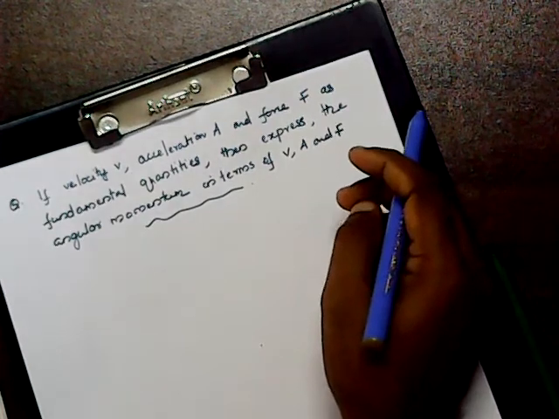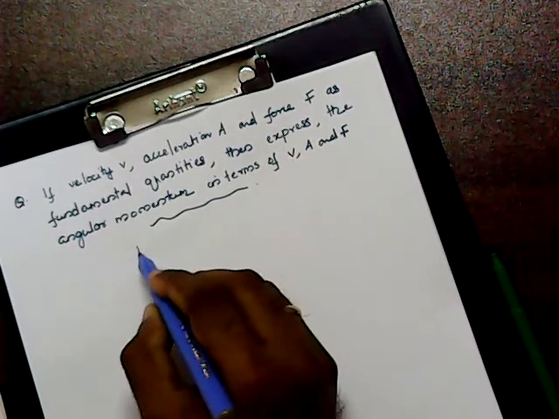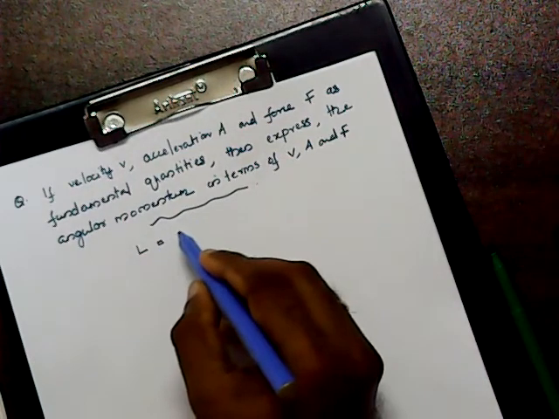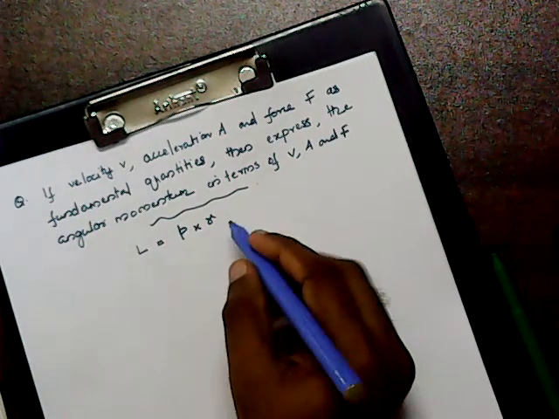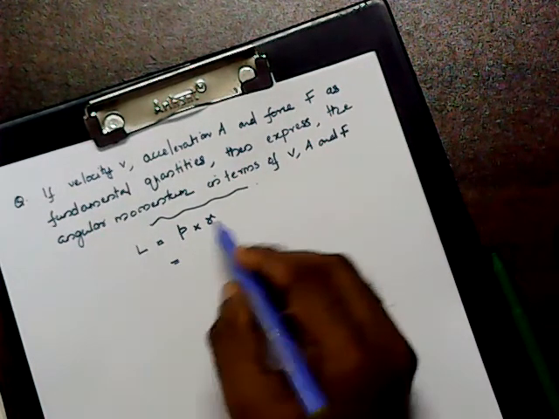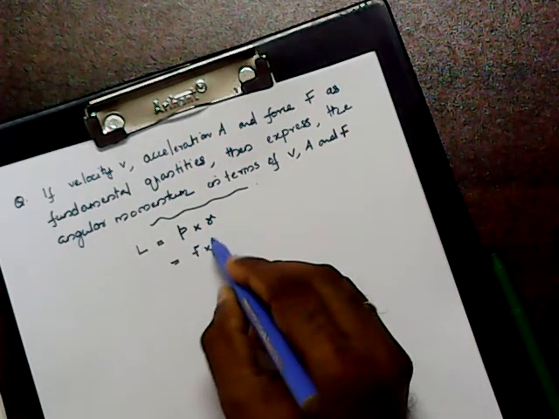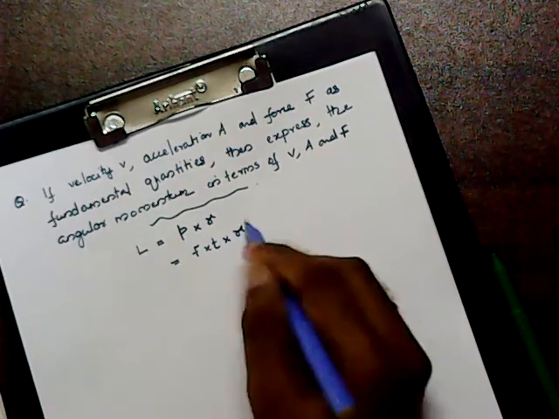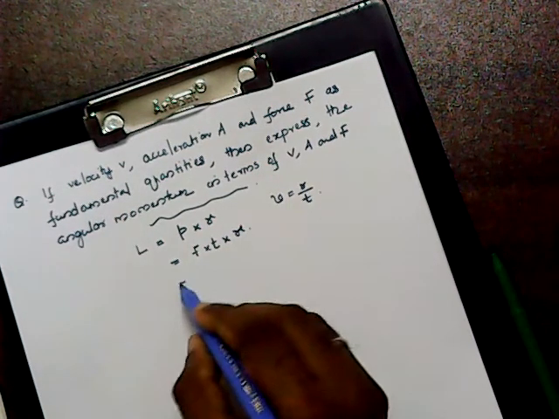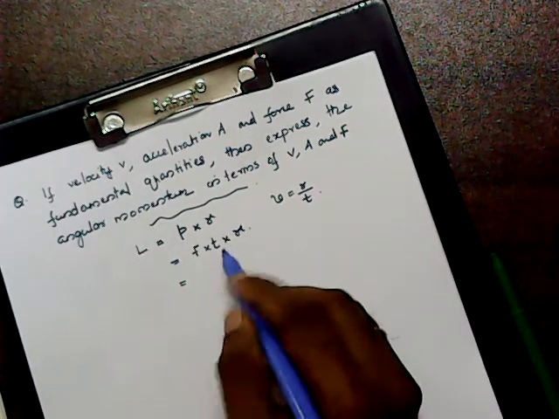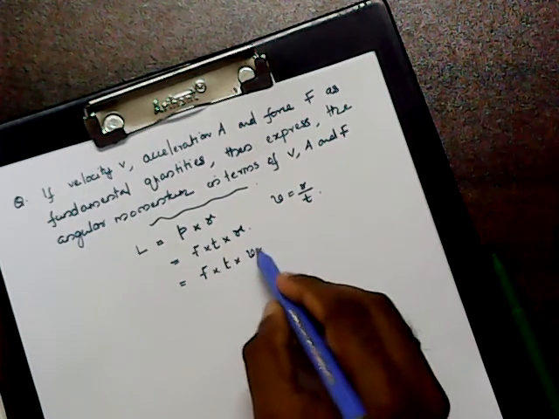So here I think our simple method we can use. We know that angular momentum is nothing but is equal to the linear momentum into the perpendicular separation. But you know, by Newton's second law, the momentum can be written as force into time into r. But we know the velocity is distance by time, so we can just substitute for that f into t into r as velocity into time.